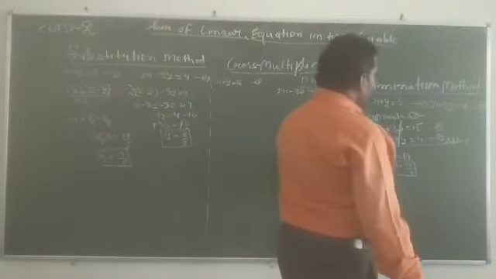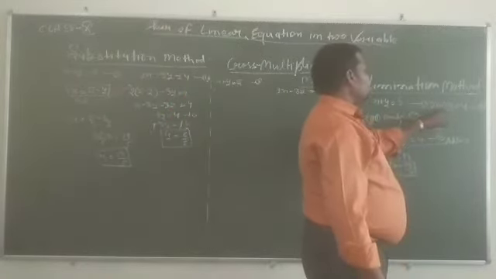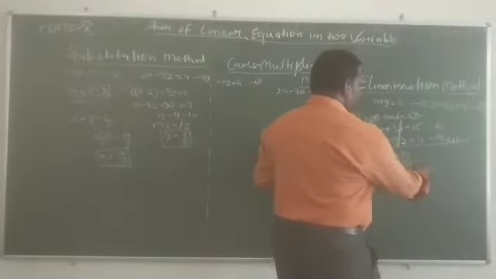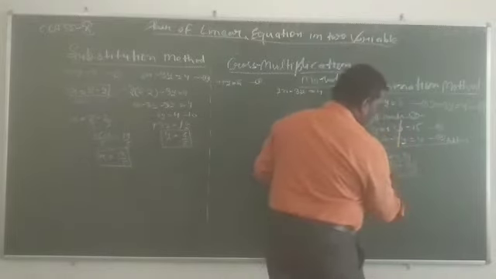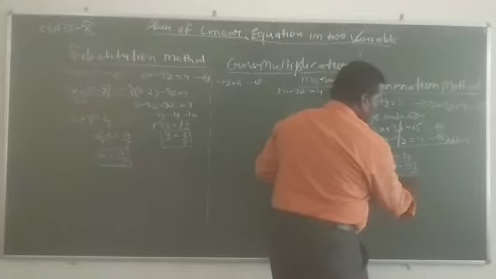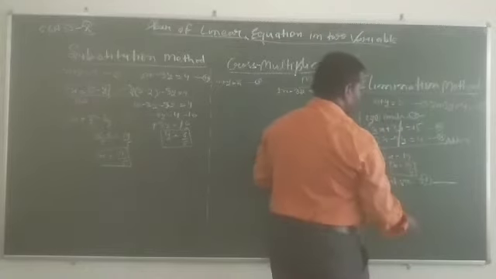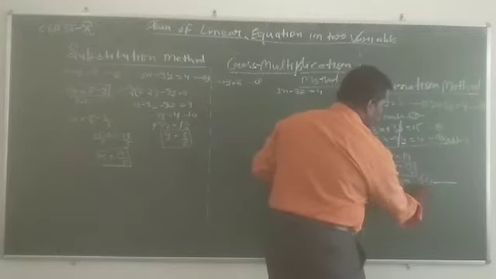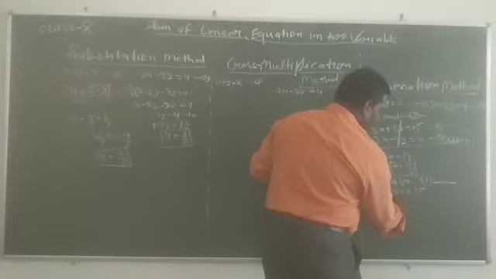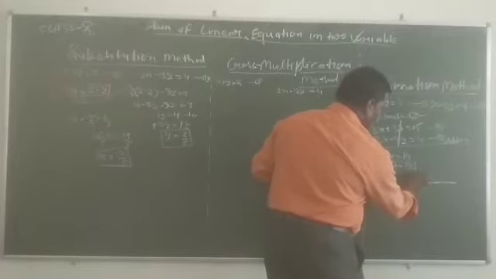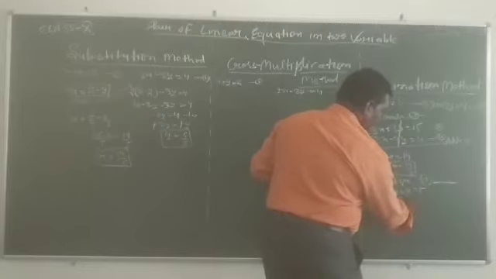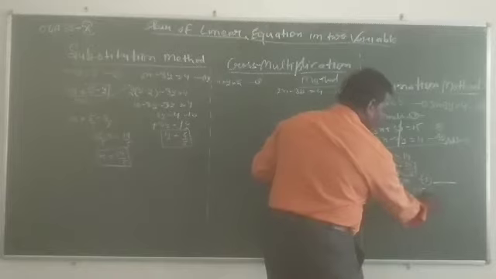And put the value of x in any equation, either equation second or equation first, and find the value of y. So we put the value in equation first: x plus y is equal to 5. Then 19 upon 5 plus y is equal to 5.